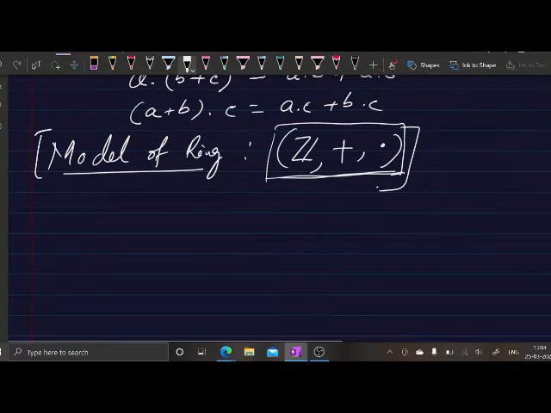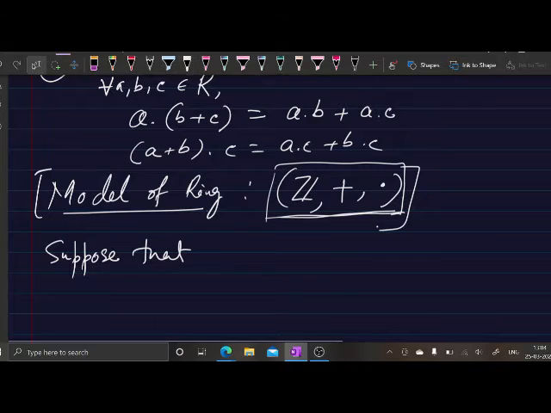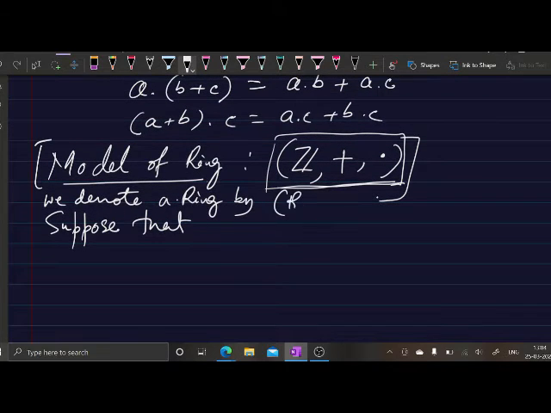Now suppose that R is a ring. We denote a ring by the triplet R, plus, dot in general.